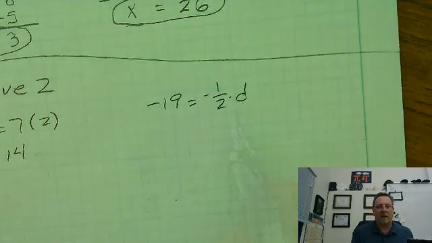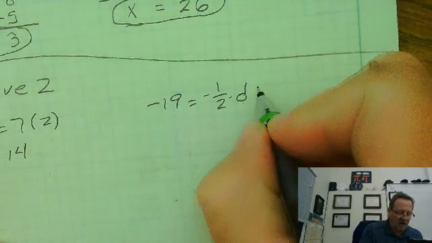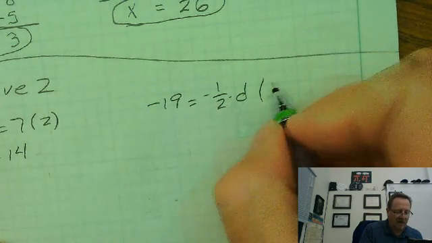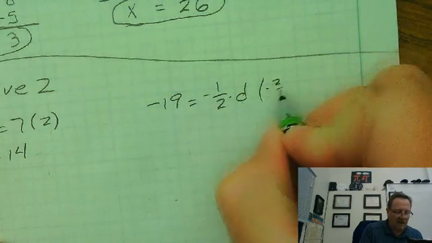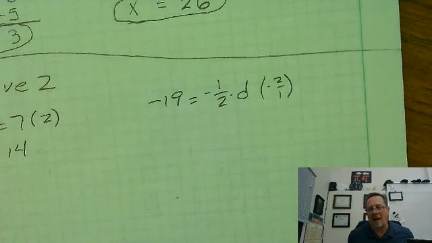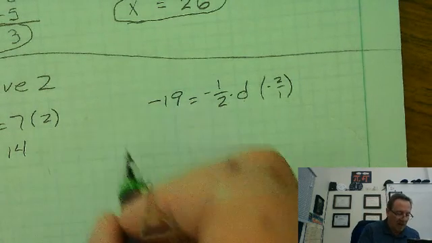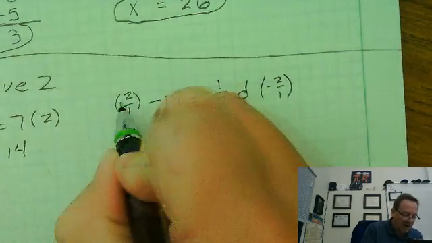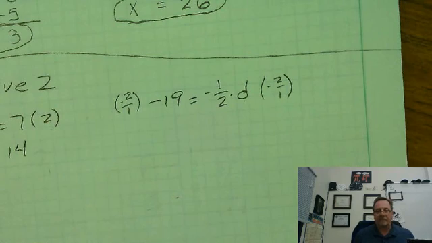So I'm taking d and multiplying by negative 1/2, and to undo that, I'm going to invert the negative 1/2 and make it negative 2/1 and multiply by that. That's really dividing by 1/2. Copy dot flip says multiply by the inverse, or the reciprocal. If you do that to one side, you have to do it to the other side. So we're multiplying by negative 2/1.